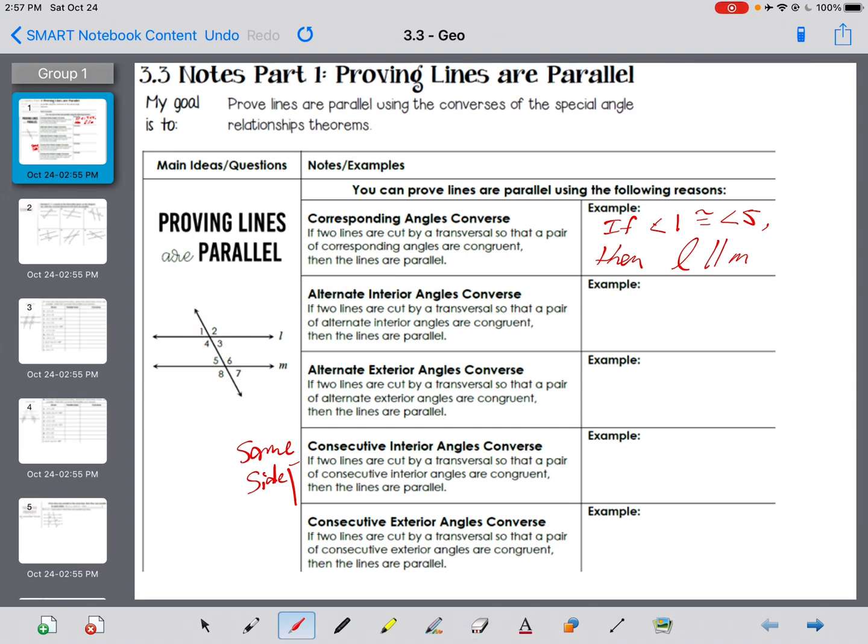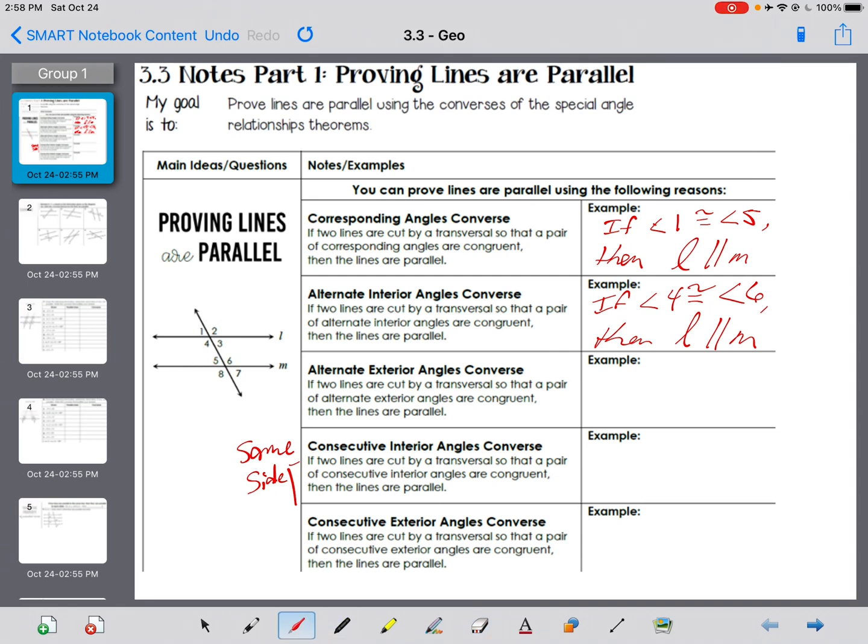We can also do that for alternate interior angles. If we know that, let's say, angle 4 is congruent to angle 6, and those two lines are being cut by a transversal, then L is parallel to M. And we can do it for all of the rest of them.